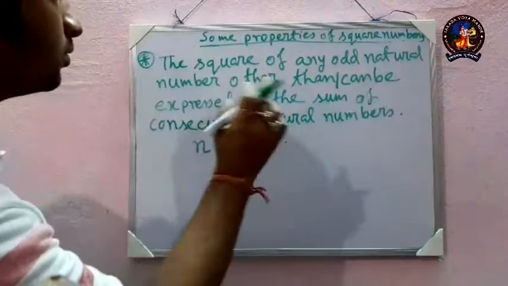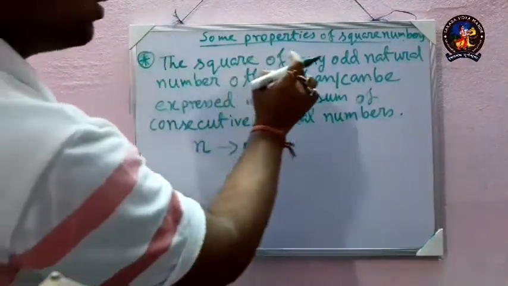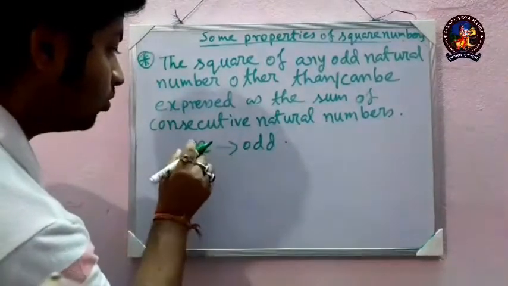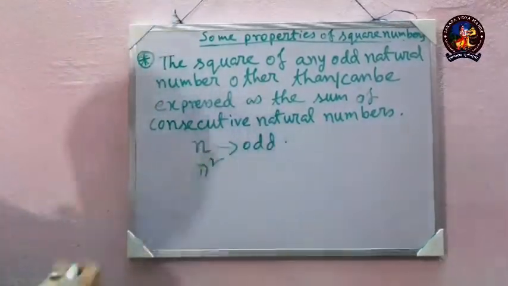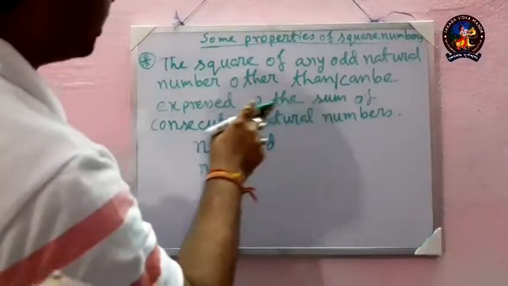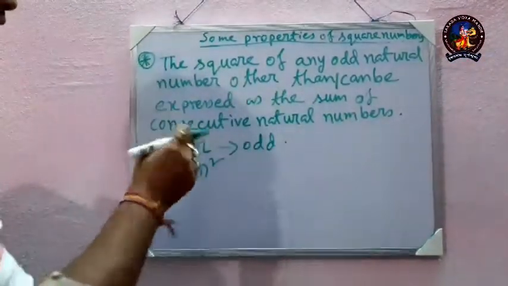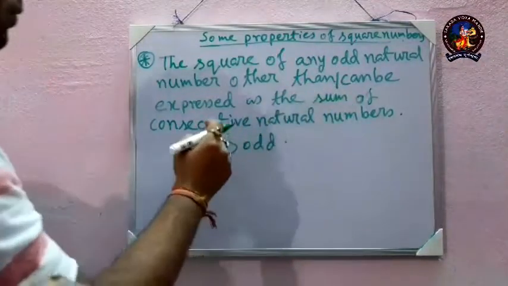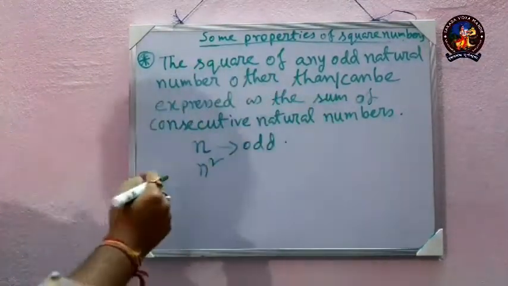The square of n means n square, and that can be expressed as the sum of consecutive natural numbers.